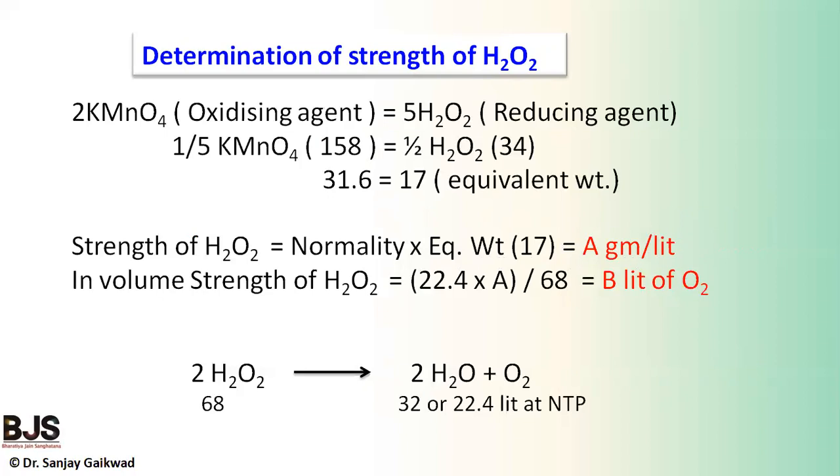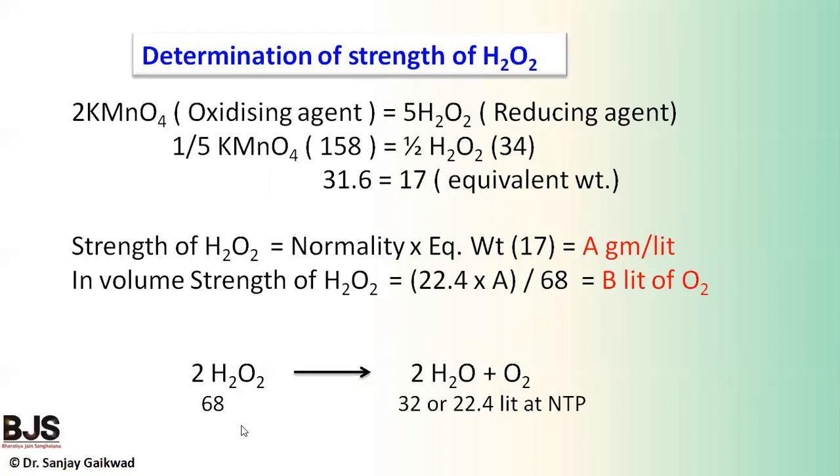And this is in terms of grams, but when we are thinking about the volume strength, then we have to multiply this by 22.4 liters related to the H2O2, and from this relation, 2H2O2 gives 2H2O plus O2.